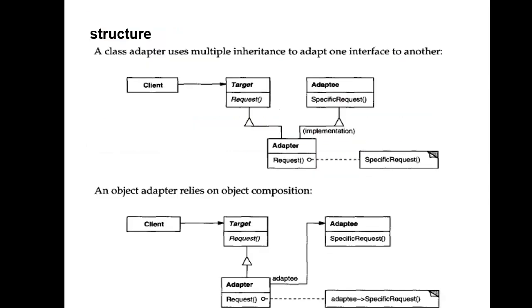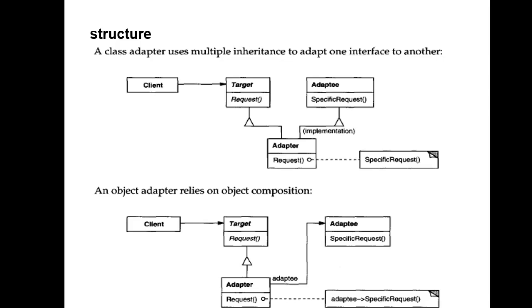Now we'll see the structure. There are two versions, a class adapter version and an object adapter version. A class adapter uses multiple inheritance to adapt one interface to another.